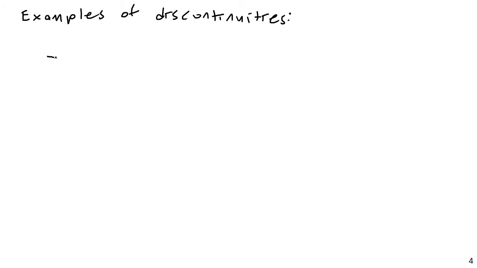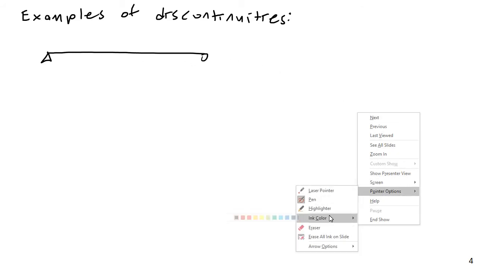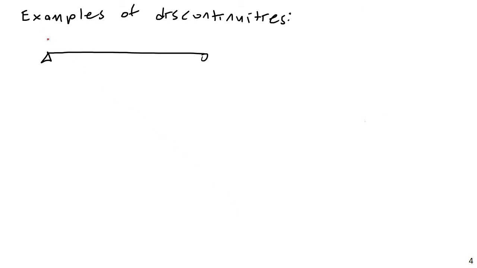So, examples of discontinuities. Let's say we have a beam here. Let's look at something very simple. Let's say we had a load function like this, a continuous declining load, sort of a parabolic load.